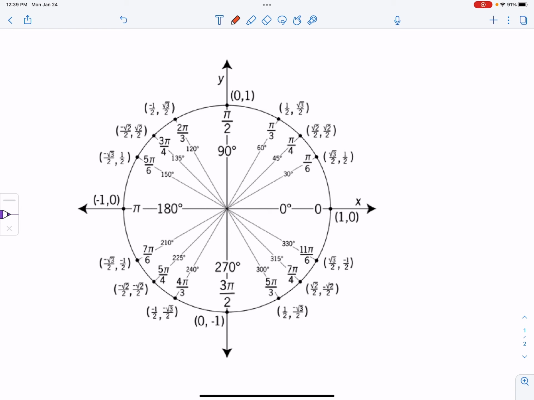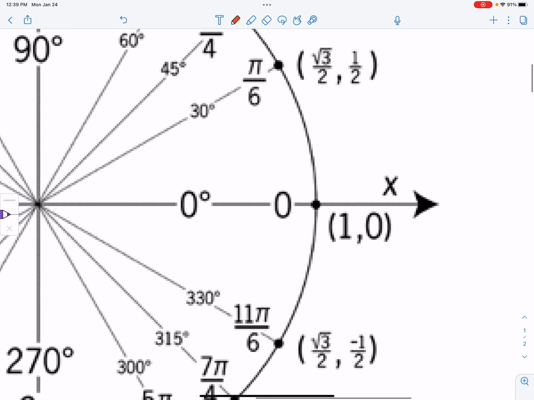So on the unit circle, which is just a circle that's centered at the origin and has a radius of 1, for any point that lies on the circle, the x-coordinate can be considered cosine of the angle that corresponds to that point.